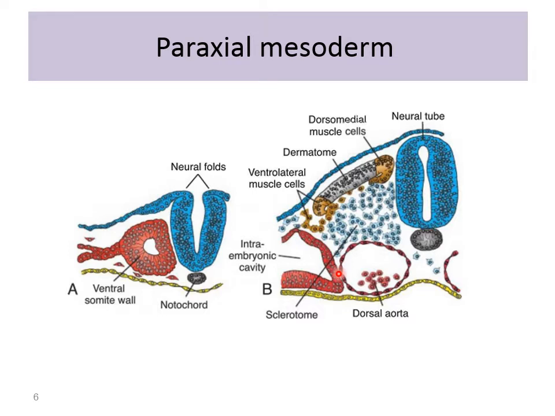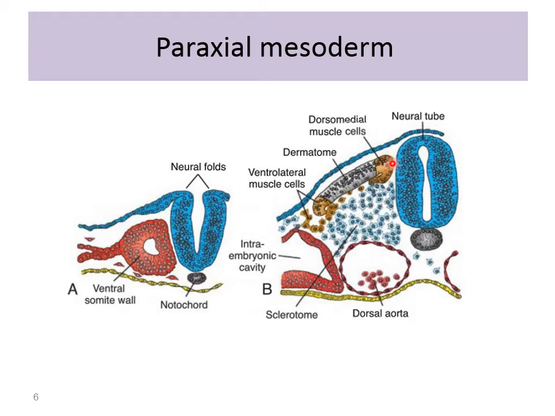With further development, the cells on the ventromedial wall lose their epithelial arrangement and become mesenchymal to form the skeleton. Cells in the ventrolateral and dorsomedial regions form muscle cells, ventrolateral muscle cells and dorsomedial muscle cells, and also migrate beneath the remaining dorsal epithelium, which is the dermatome, to form the myotome.